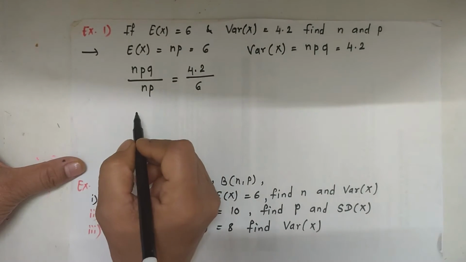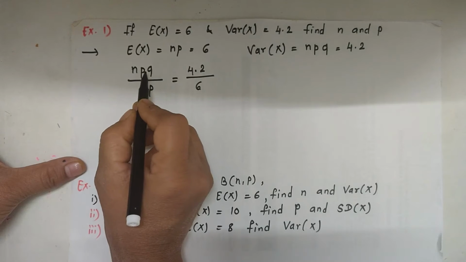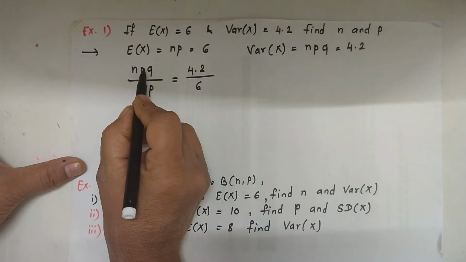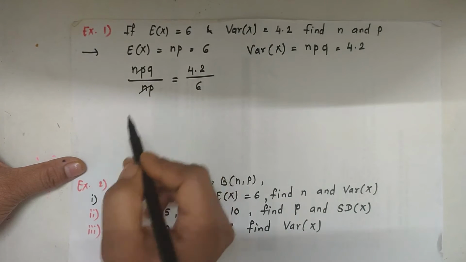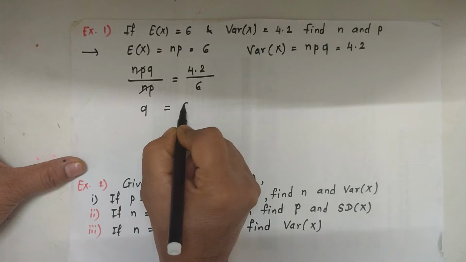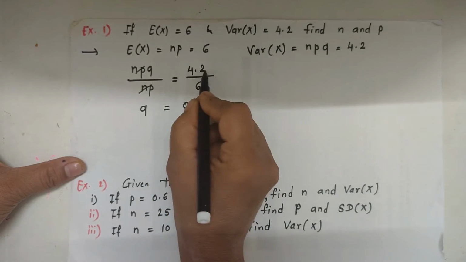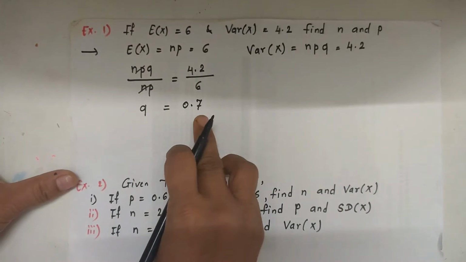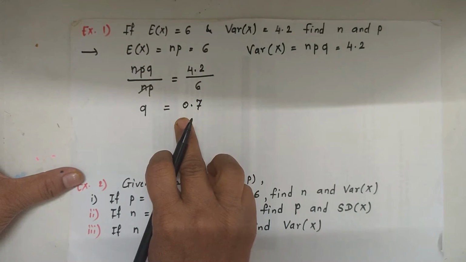So taking the ratio of these two terms and cancelling np, we get the value of q is equal to 4.2 divided by 6, that is, q is equal to 0.7.